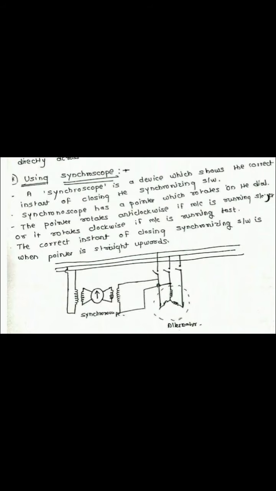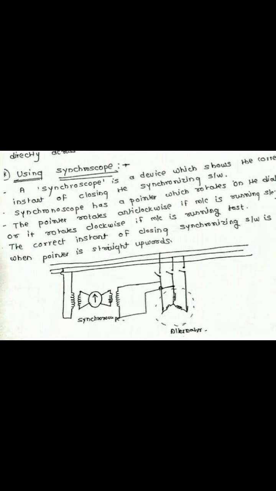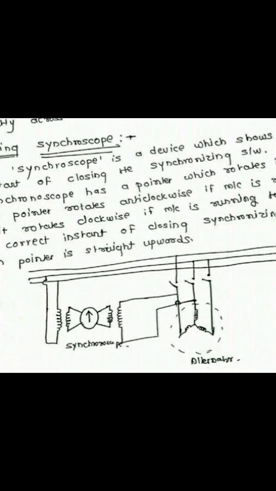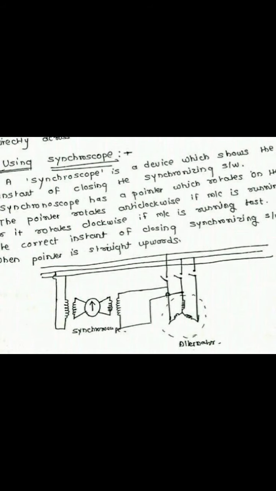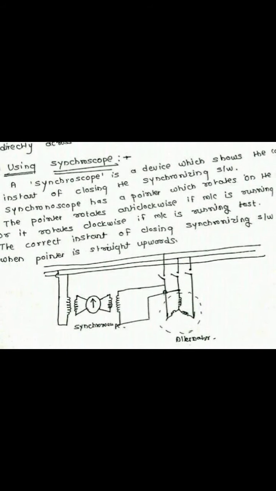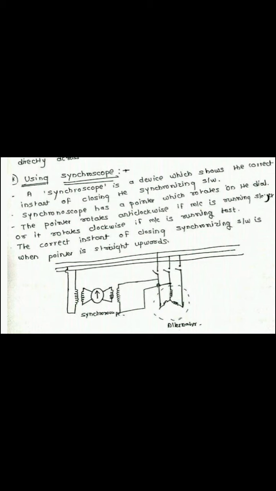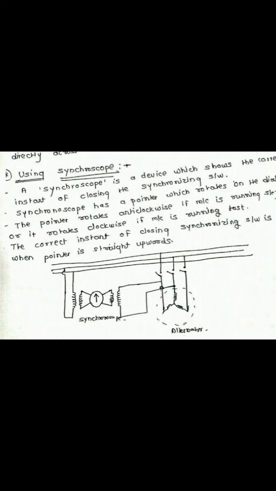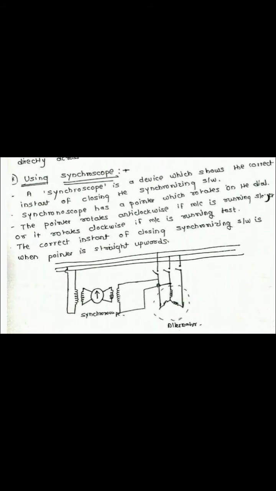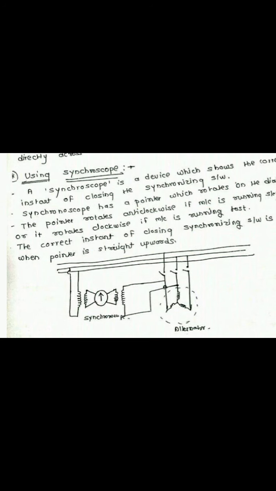If the synchroscope's pointer rotates in a clockwise direction, then we say that the machine is faster. So we cannot synchronize it. If the pointer points straight upwards, this is the correct instant where the synchronization of the alternator should be done. So this is the third device which is used for synchronizing of alternators, and this is a very popular method in day-to-day life, which is called using the synchroscope.